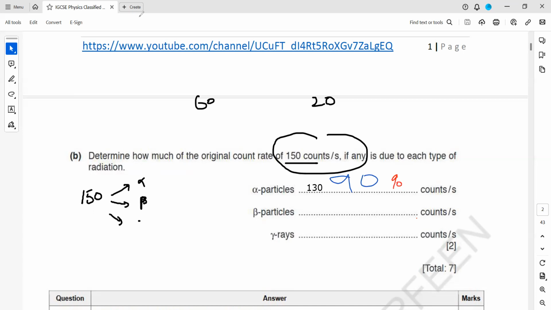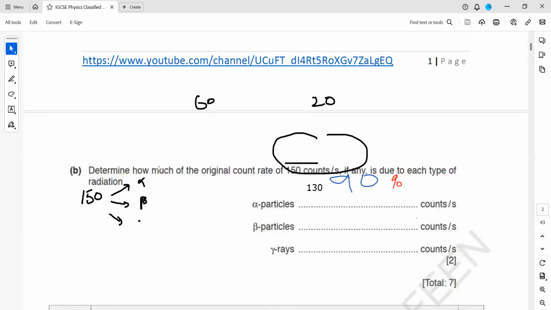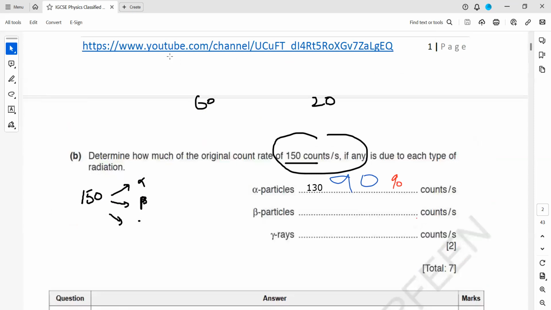Here, as you can see, the marking scheme answer is already given. Originally it was 150, but when we place a paper, it reduced to 60. So how much is due to alpha? That is 90. Then the 60 was there. When we apply a magnetic field, it reduced to 20. So how many beta are there? Due to beta, 40.